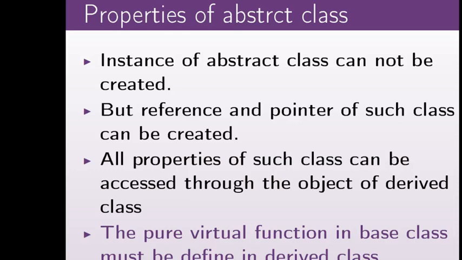Such a function you have to define in the derived class. If you do not do this, your derived class will be considered an abstract class, and you can't create an object of such a class.